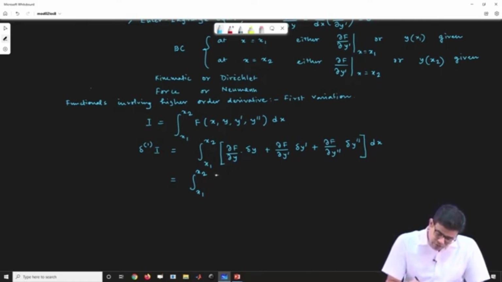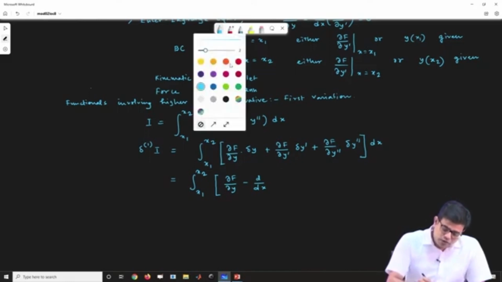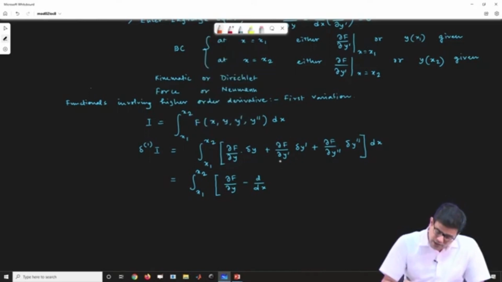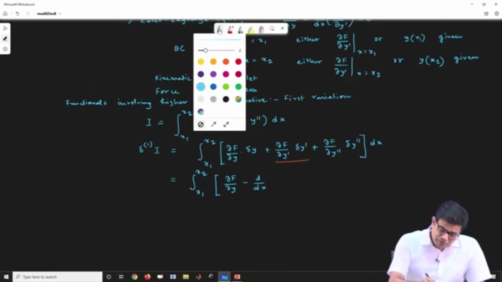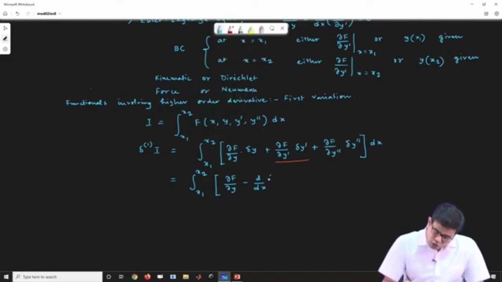So, dou f by dou y minus d dx of, by first integration by parts, dou f by dou y prime into delta y dx.